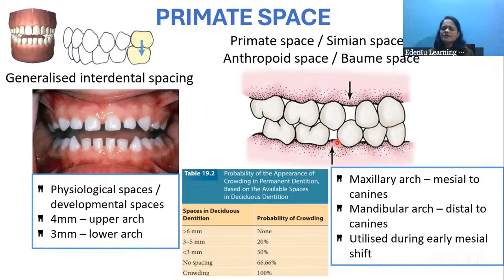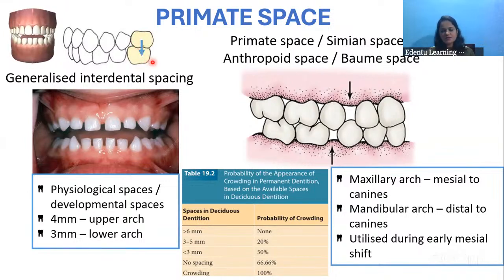So why are these spaces seen? There is something called ideal occlusion. In the ideal molar relation, this is the maxillary molar and this is the mandibular molar. The mandibular molar will be a little bit in front, and the maxillary mesiobuccal cusp will rest in the mesiobuccal groove of the mandibular molar.